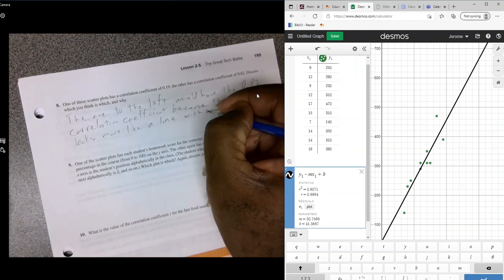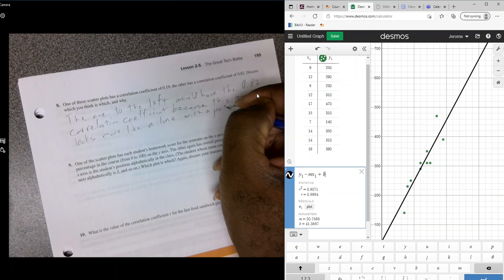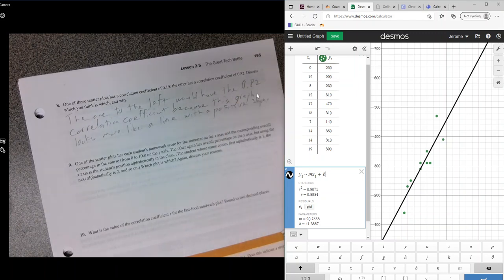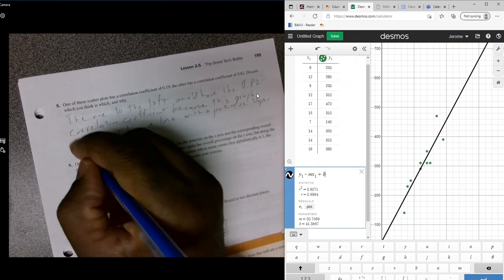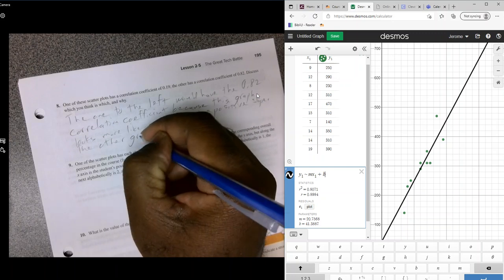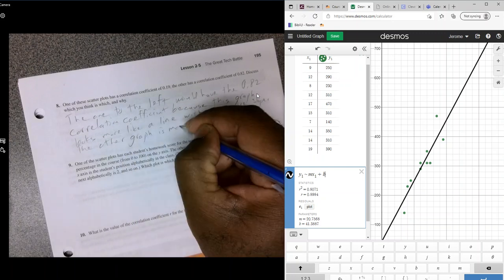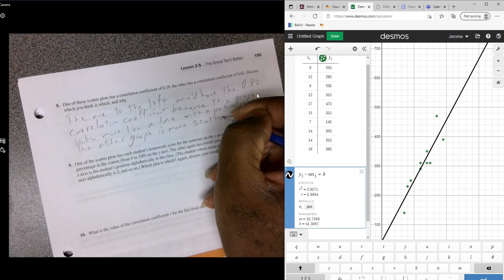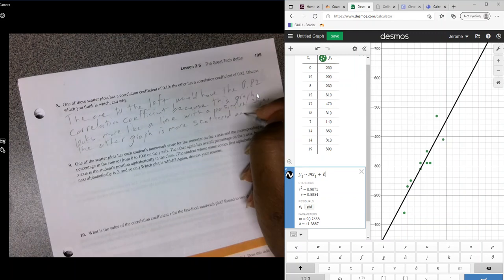The other graph is more scattered and would have the 0.19 correlation coefficient.